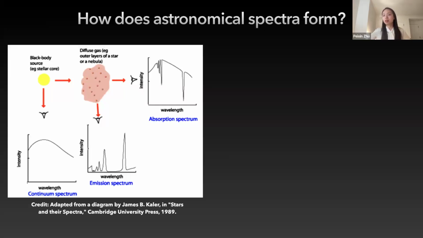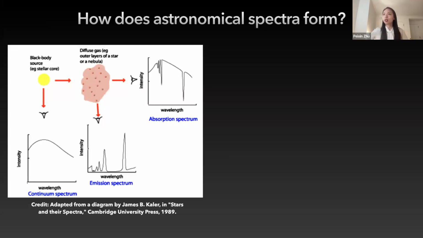Sometimes it could also be nebulae distributed in the galaxies. Whatever these diffuse gas clouds are, as long as there is diffuse gas on our line of sight, we will get some additional structure in addition to this smooth black body spectrum.